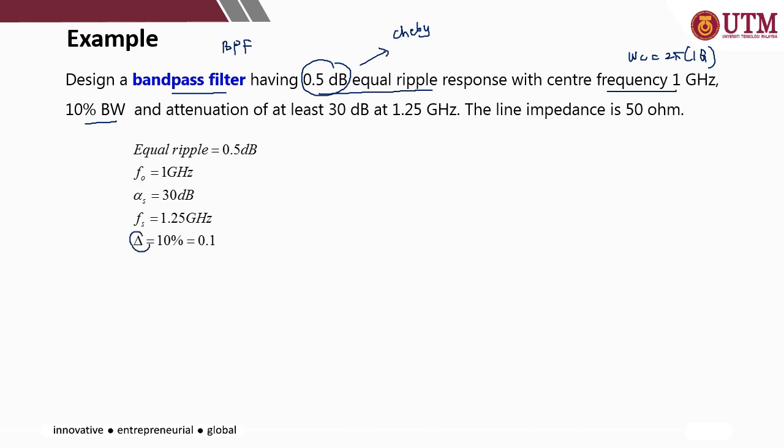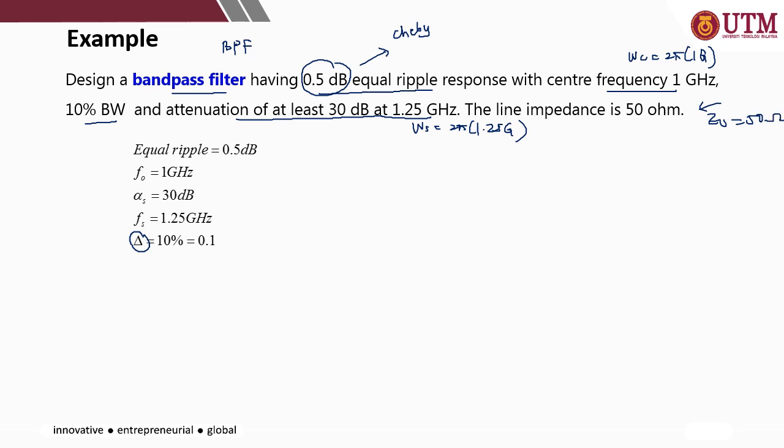The 10% is the fractional bandwidth, so the fractional bandwidth in the passband is 10% or 0.1, and the attenuation of at least 30 dB at 1.25 gig is your omega s, equal to 2 pi of 1.25 gig. The line impedance Z0 equals 50 ohm.